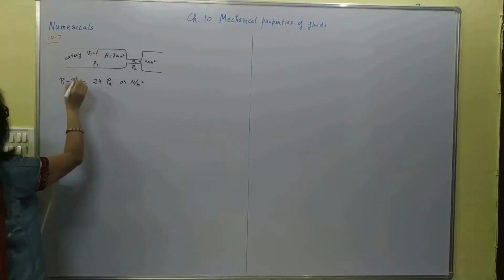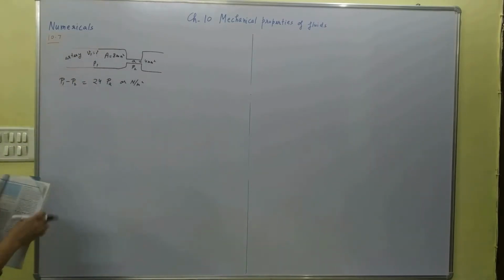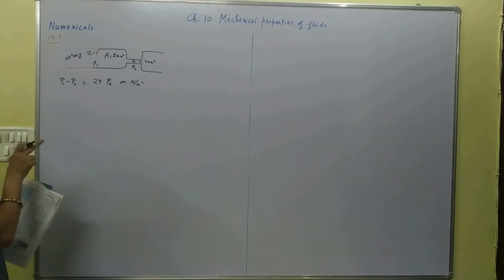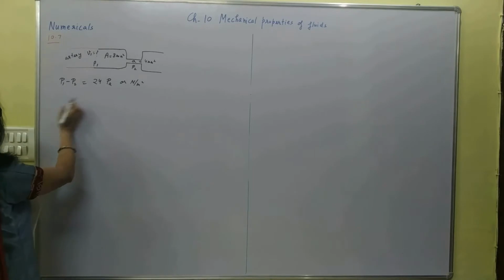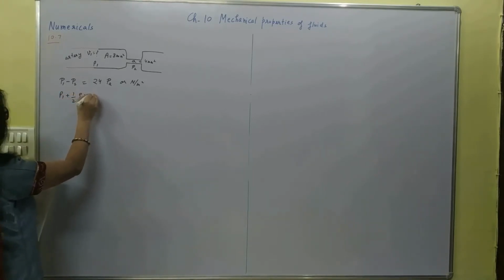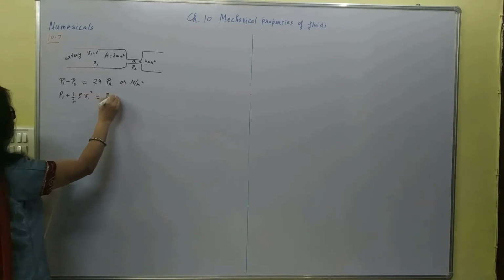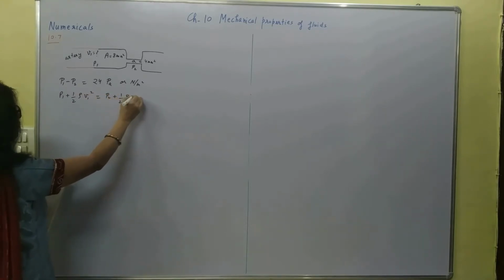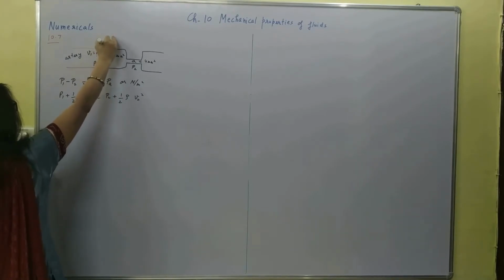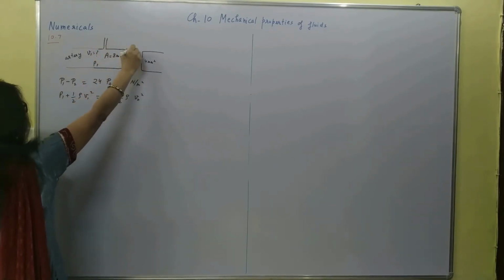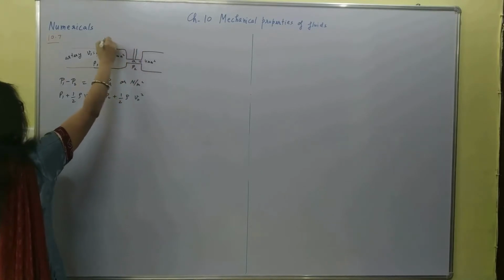So this can be calculated using Bernoulli's principle, which we have used in the venturi meter. So you can use the formula P1 plus half rho V1 square is equal to P2 plus half rho V2 square. We are taking the same liquid in the tubes.